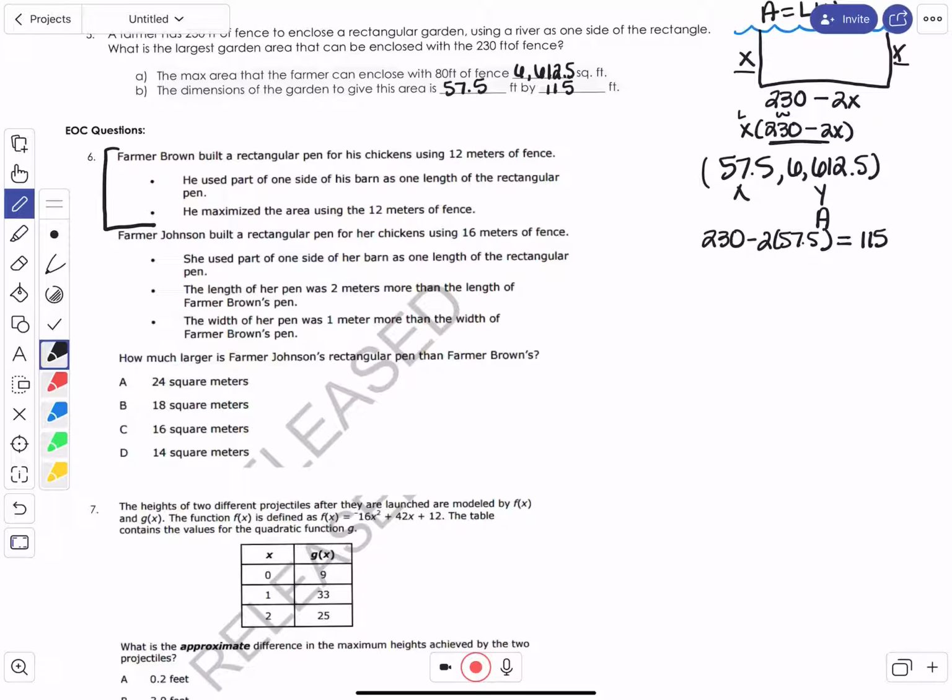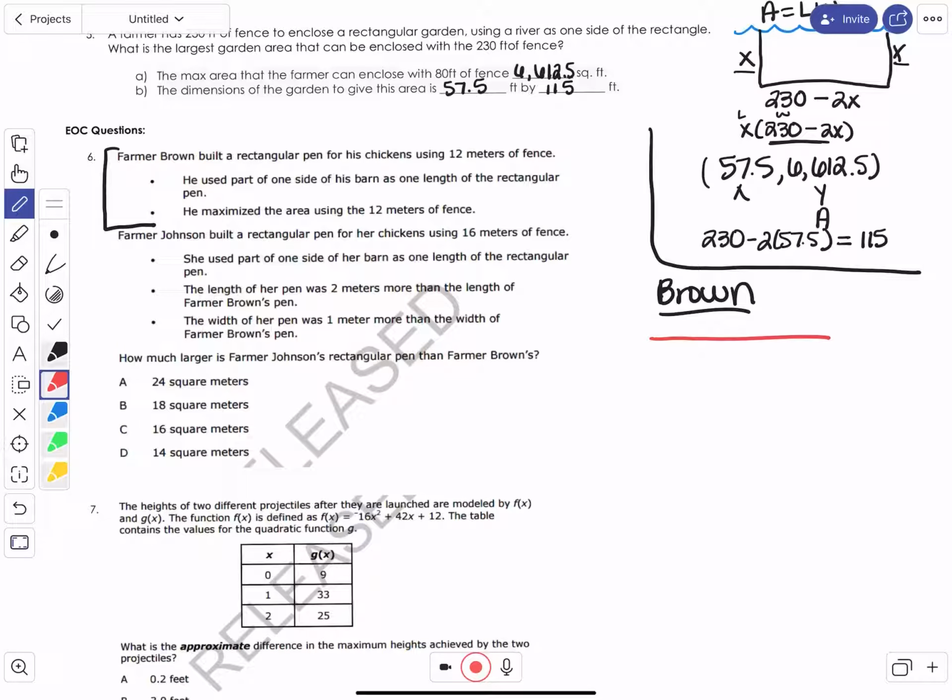Okay, let's not worry about Farmer Johnson for right now. So let's just do Farmer Brown. So here is, he's using, here's the side of his barn.